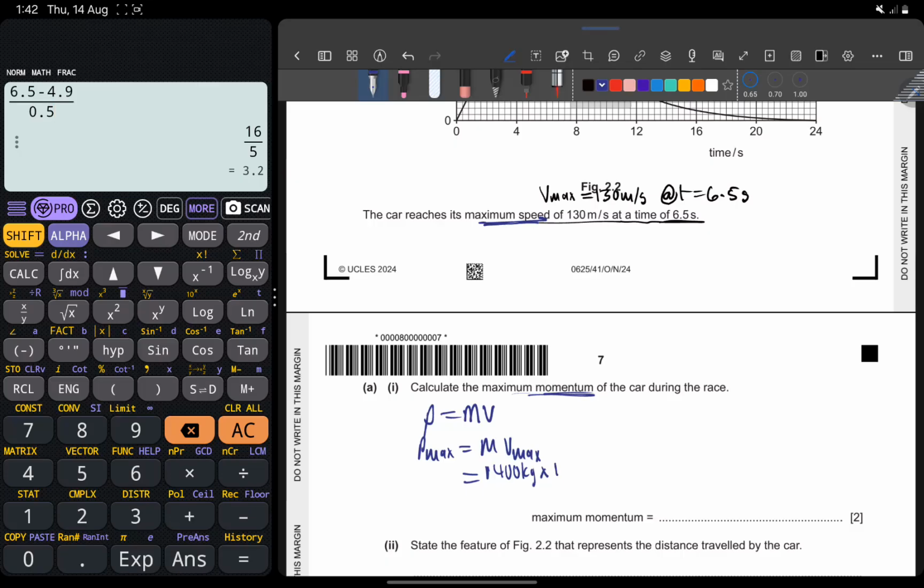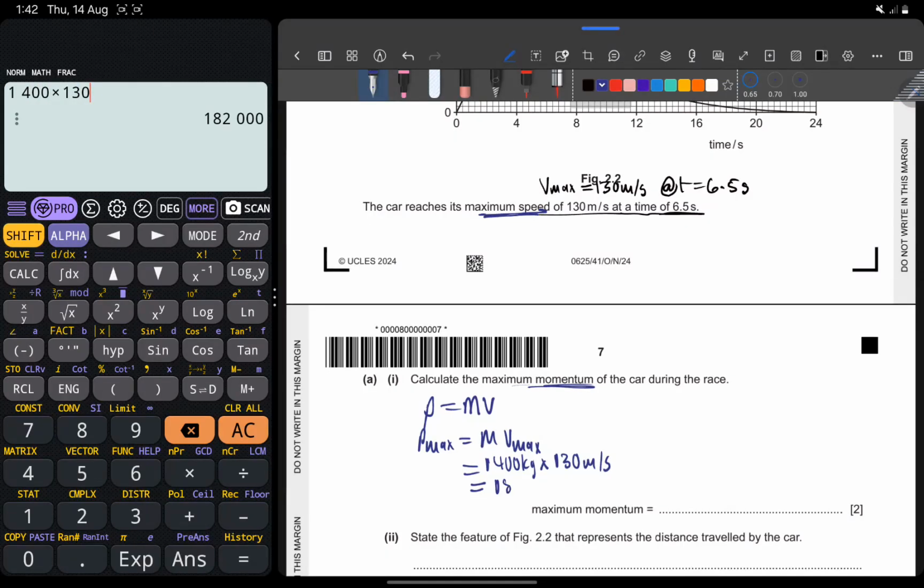What is the max? It's 130 meters per second. And what are we going to get? 1,400 times 130 is 182,000, and this is kilograms meters per second. This is momentum. So the maximum momentum is 182,000 kilograms meters per second. You understand?